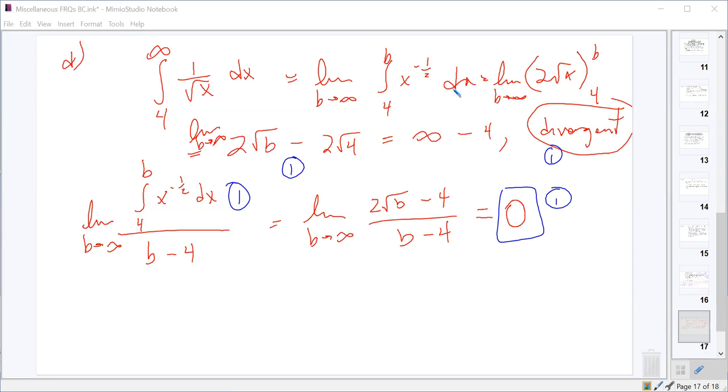If you do, you end up with 2 times 1 over 2 root b over 1, which is 1 over root b, which is quite obviously 0. Yeah, you can do L'Hopital's rule. It's infinity over infinity for sure, but you don't necessarily need L'Hopital's for that one, because it's a known fact that if you have a root over a linear, the linear increases more rapidly.